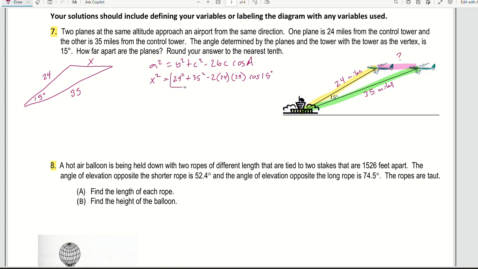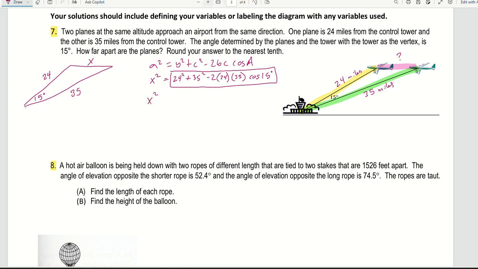I'm just going to type this entire thing into my calculator to see what I get for x squared. So just give me 1 second, I'm going to pause it. Alright, so once I type this into my calculator, I get 178.244. I'm not going to clear it out of my calculator.